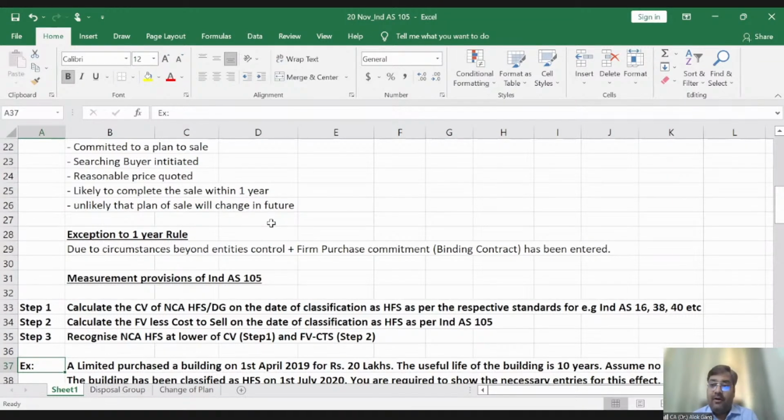Why, sir? Because this is the date when the asset is moving from Ind AS 16 to Ind AS 105. So first, let's find out the carrying value on the date of classification as per the respective Ind AS, for example, Ind AS 16.